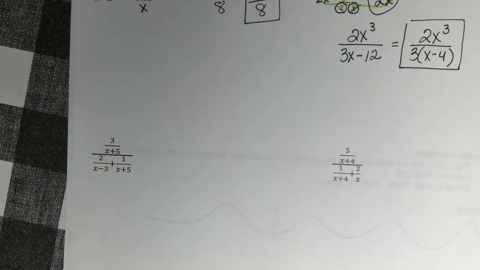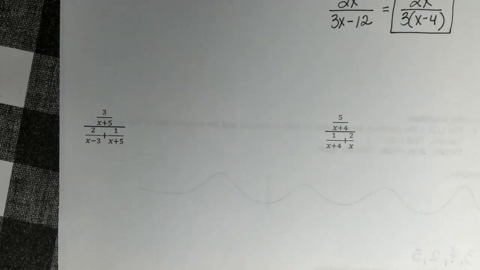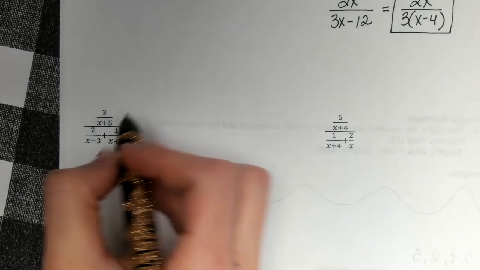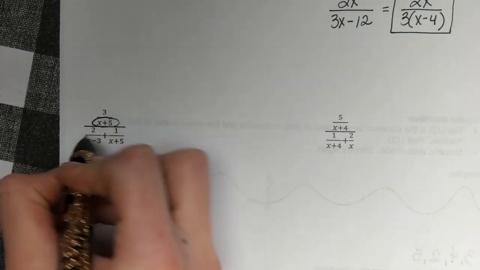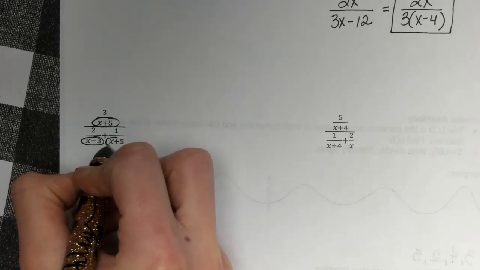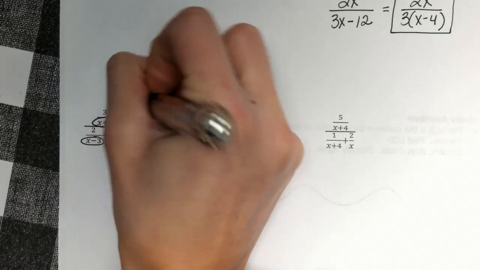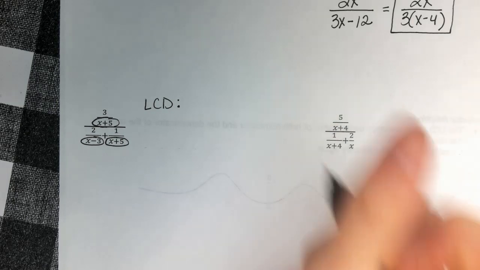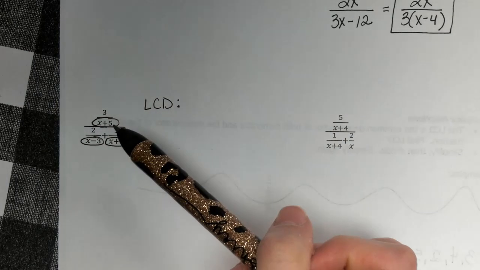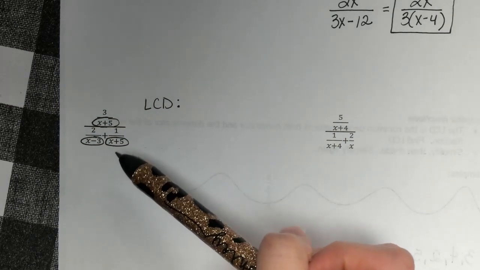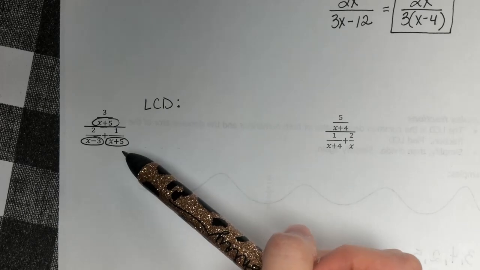Let's look at the next one. I've got 3 over x plus 5 over 2 over x minus 3 plus 1 over x plus 5. Looking at my denominators, I need to come up with an LCD. I have an x plus 5 twice. Do I write it twice or only once?